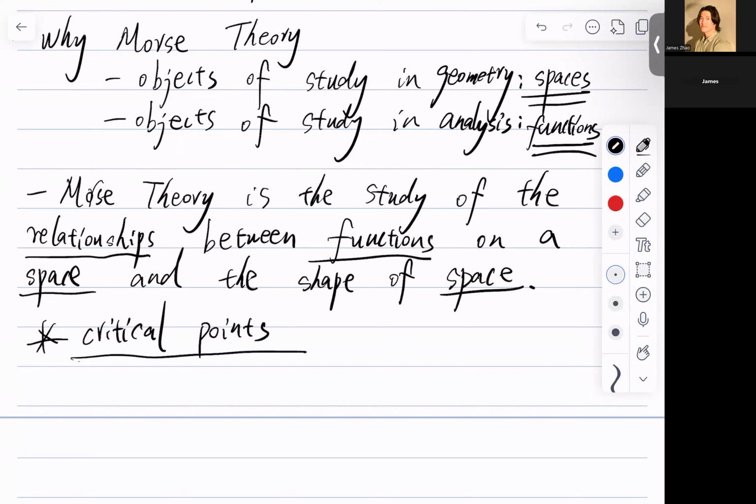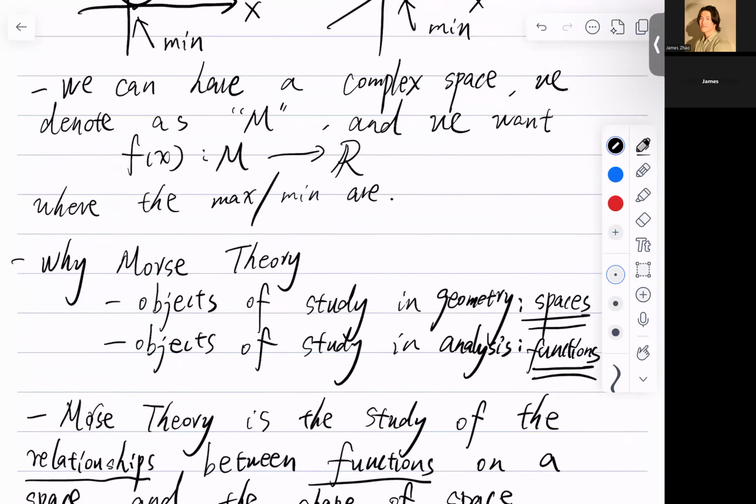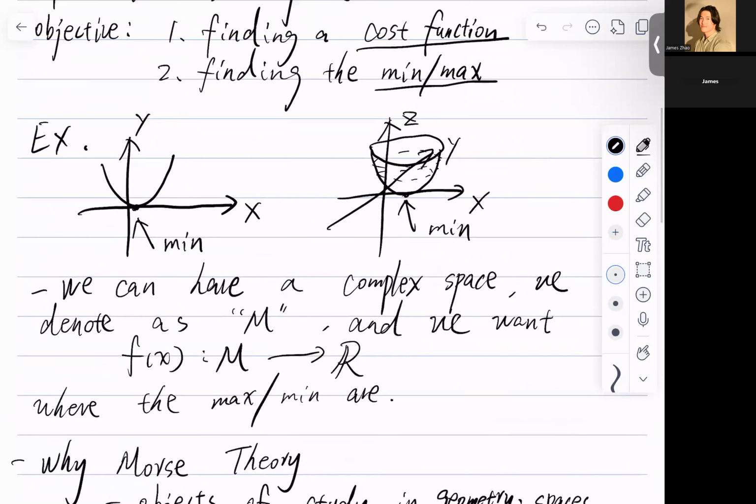We want to look at critical points of a function, and derive information on the shape of the space from the information about the critical points. So in other words, let's look at this example here. If we know about this minimizer of this function, we can actually derive a lot of information about what this function is just by looking at this minimizer, at the property of this point.